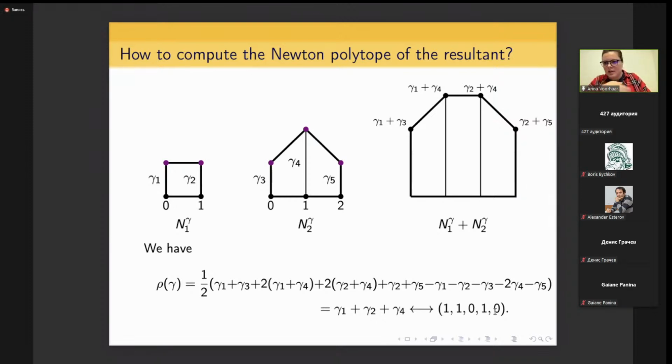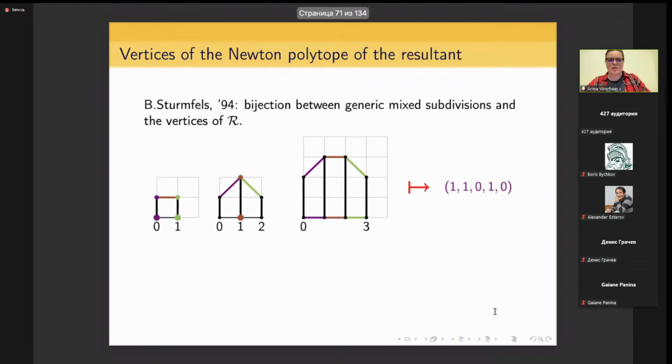What I am saying is not a new result. It's actually the result of Sturmfels of 1994. This result provides a combinatorial description of the vertices of the Newton polytope of the resultant. Sorry, I forgot the Newton polytope here. So basically, the idea is that for various sorts of gammas, one can construct those tens.